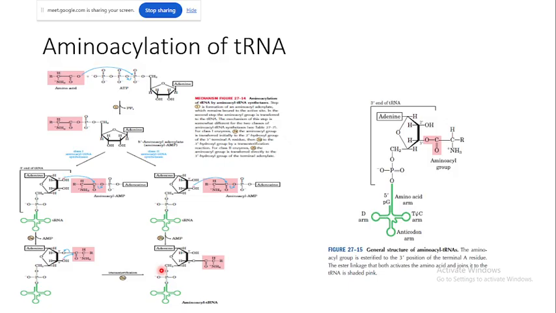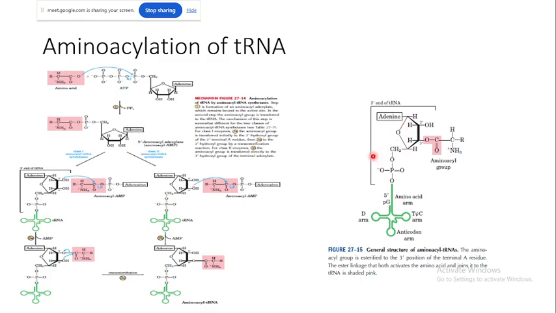So now the amino acid is conjugated with the tRNA, which is called amino acid tRNA. That is called the charging of the amino acid. Then tRNA will carry this amino acid, and it will incorporate it into the polypeptide chain. So this is the structure of the amino acid tRNA, where the tRNA has the T psi C arm, anticodon loop, and this is the amino acid arm.